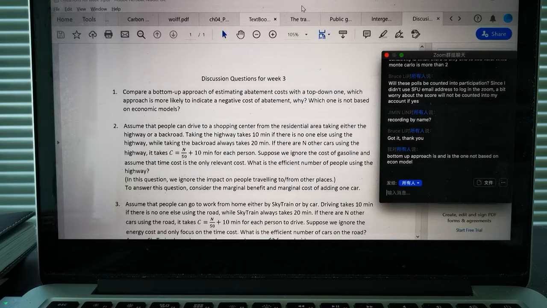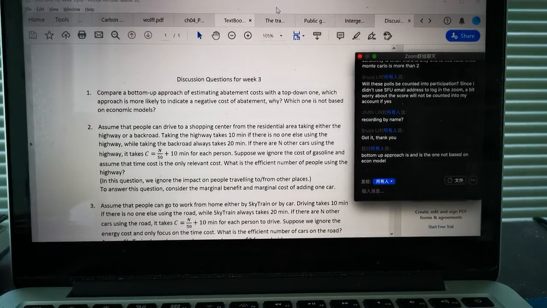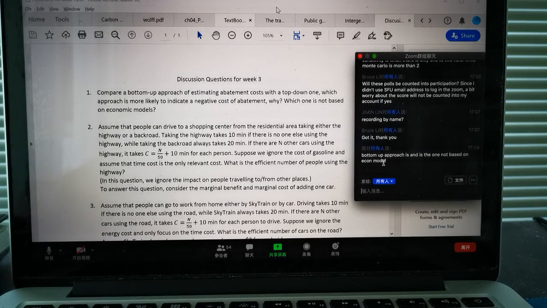Okay, so far I can see both approaches are equally popular among you guys. Well, remember which one is likely to give you negative cost, which means you can actually have negative cost abatement or zero cost abatement. But that is idealized, right?